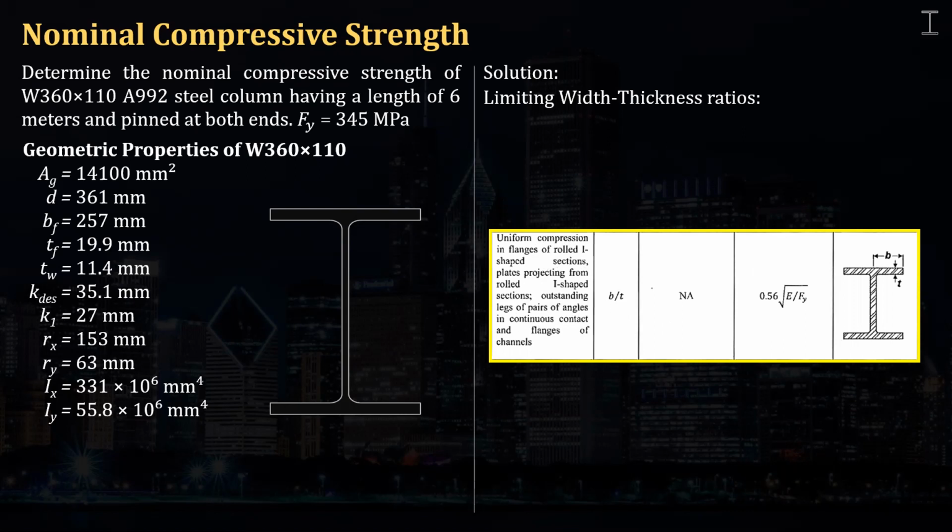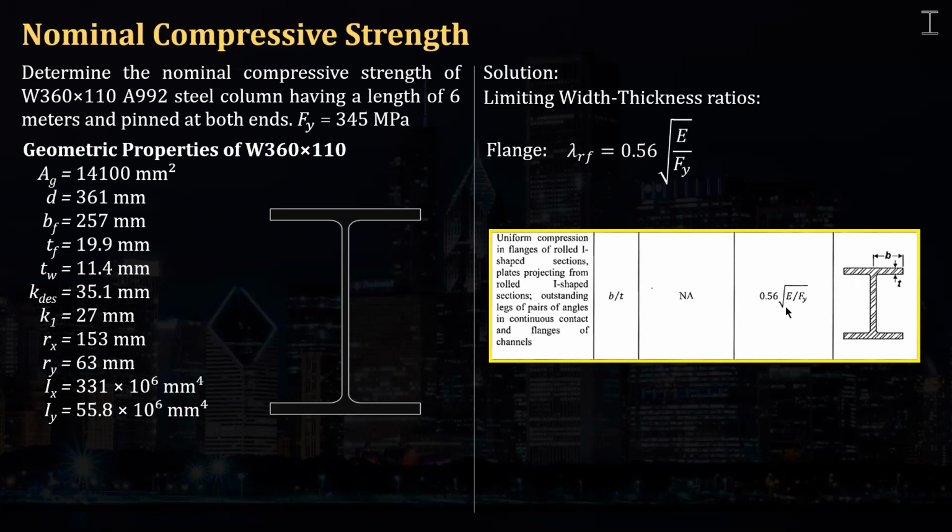This is the limiting width to thickness ratio for a non-slender element. If the width to thickness ratio exceeds this, then the member is said to be a slender element. But if it doesn't exceed this, then it's not a slender element. It's either compact or non-compact.